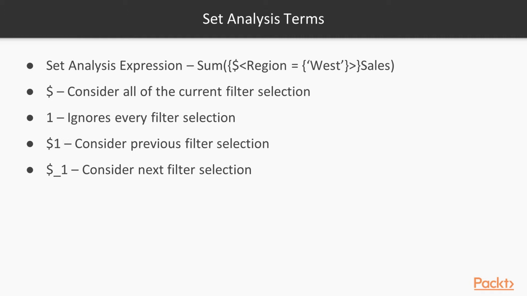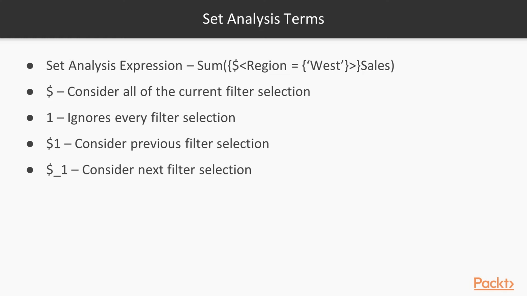But before we move ahead, just one word related to $1 and $_1: you can also have $2, $_2, $3, $_3, and so on. If you have $2, then it means the previous to previous filter selection, and if you have $_2, then the next to next filter selection.